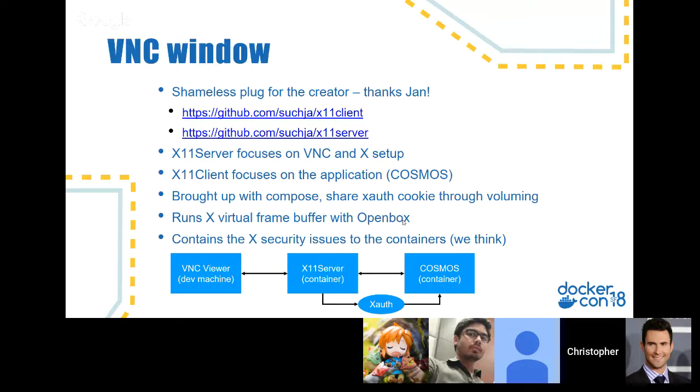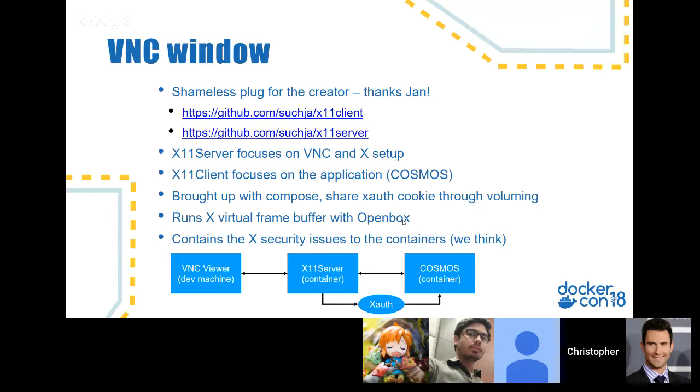Basically we were trying to find a way that we could get a GUI out, and the answer that we came up with was to use somebody else's answer. Jan originally did this, and he built an X11 client and an X11 server as super, super small Docker containers.